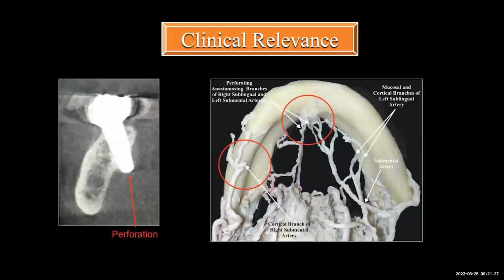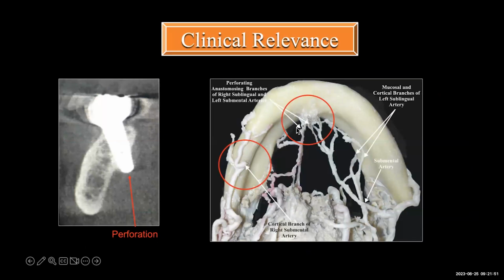Now, if we look at why this particular area is very relevant, if we perforate in that anterior mandible, we have some bad blood vessels, okay? First of all, we have the submental artery, which is a branch of the facial artery that comes all the way up to the cuspid area in a lot of patients.